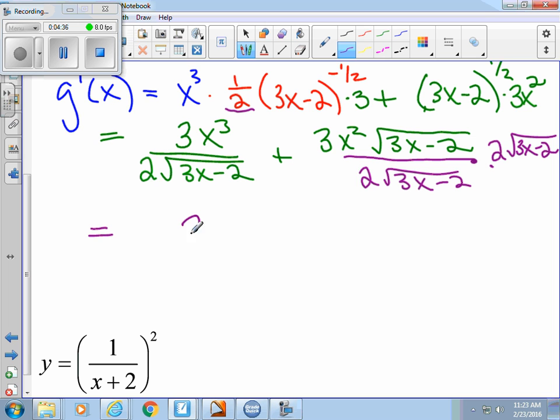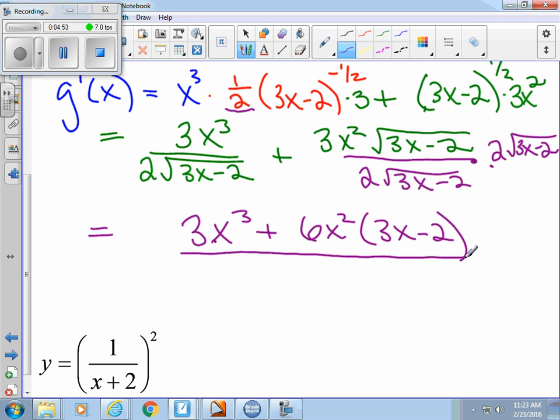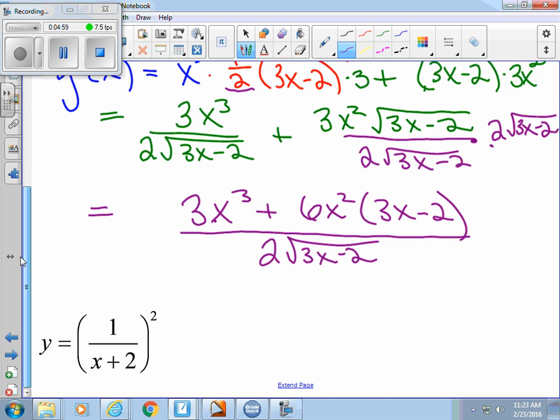The nice thing about it, what happens to a square root of 3x minus 2 and a square root of 3x minus 2? Cross out. They just turn into 3x minus 2. So I have 6x squared times 3x minus 2. So there is no square root. And then can I simplify the top of that a little bit more? Yes.